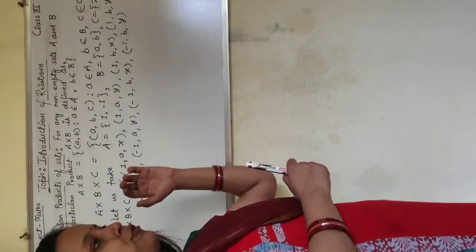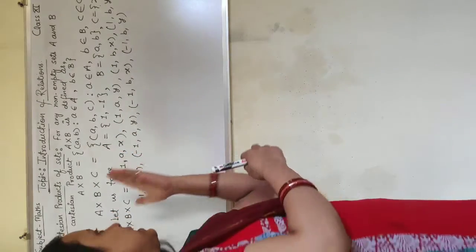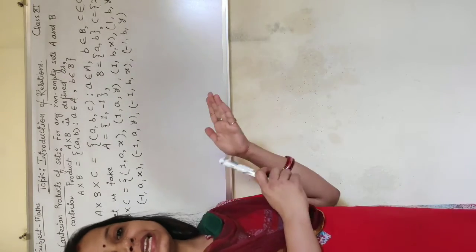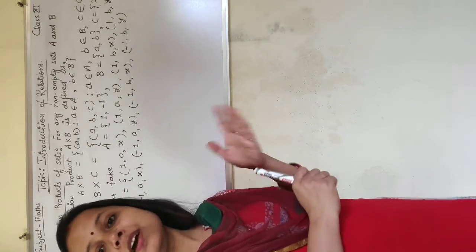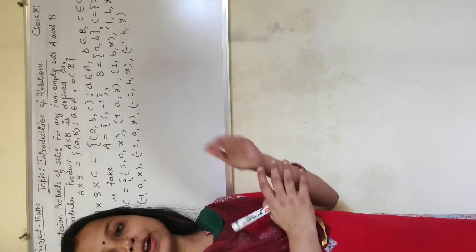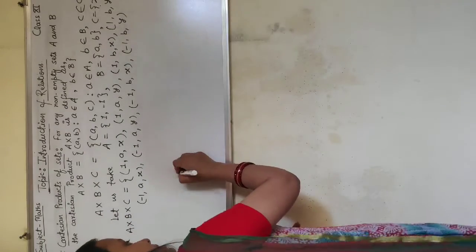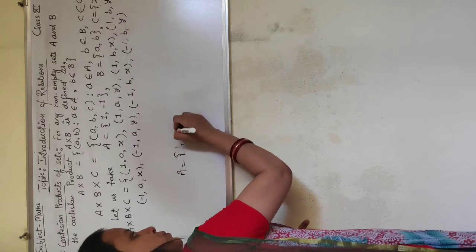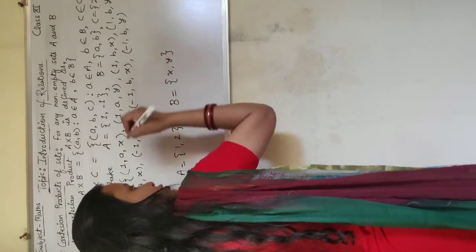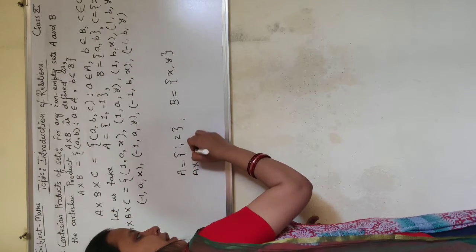So for that, just like if you had multiplied two sets, I had given you the first example. In that there were two sets, and each of the sets had two elements. So in that case you got four ordered pairs. I am giving you that example again. Suppose A is 1, 2 and B is x and y, right? So if you are multiplying A and B, what are you getting?